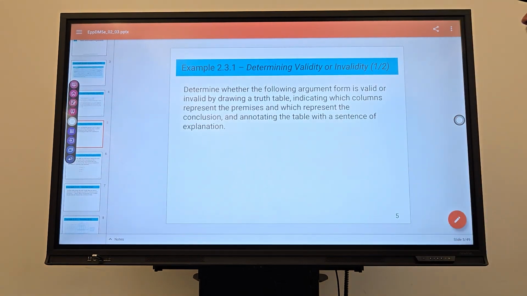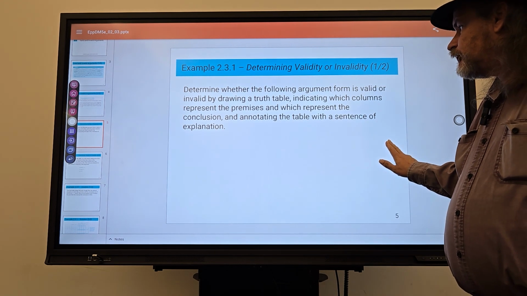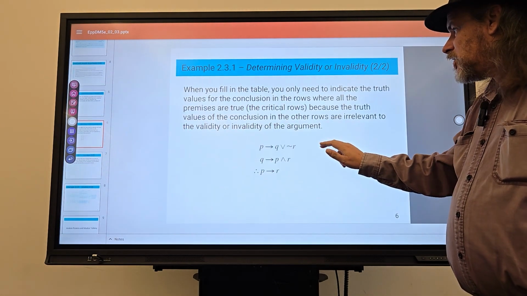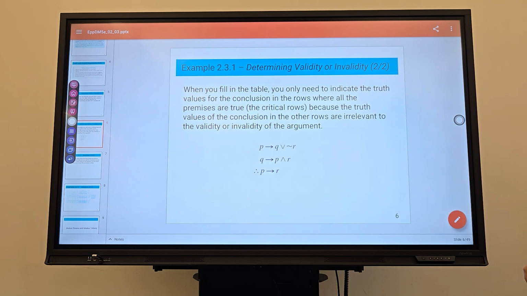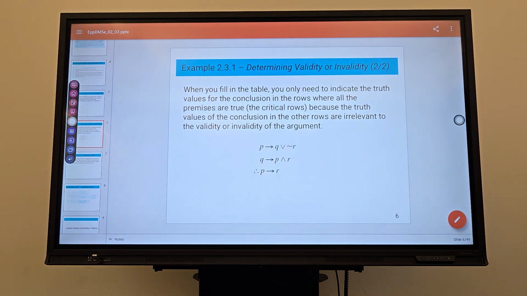Let's see here. Determine whether the following argument form is valid or invalid by drawing a truth table. When you fill in the table, you only need to indicate the truth values for the conclusion in the rows where all the premises are true.